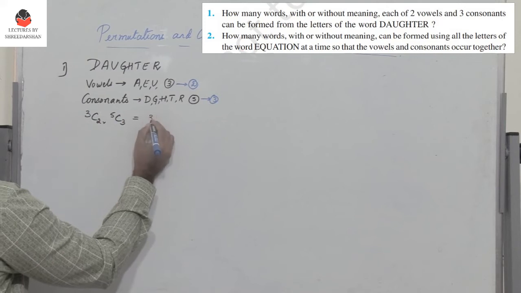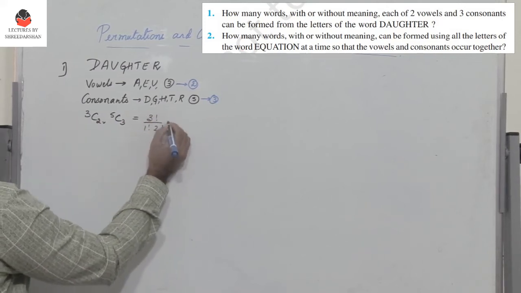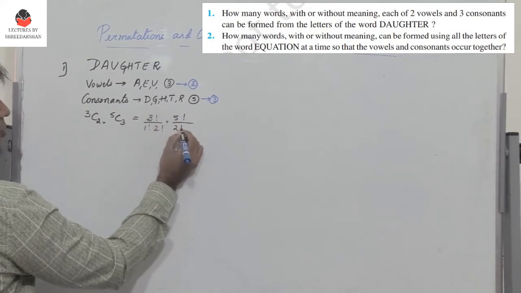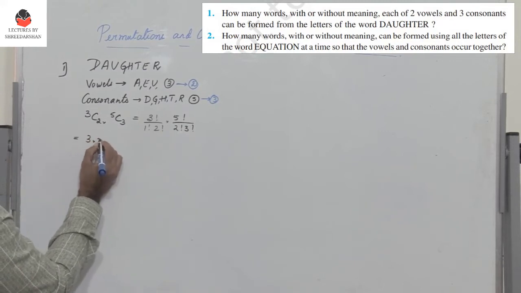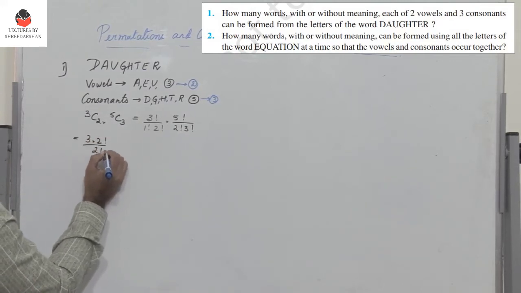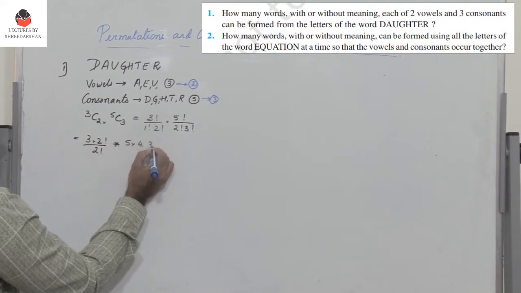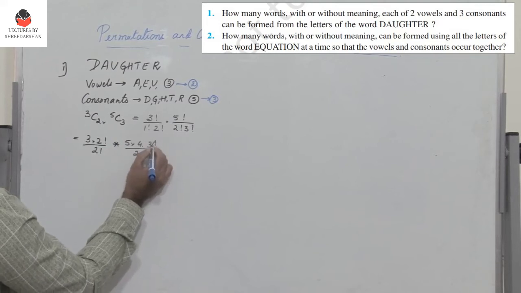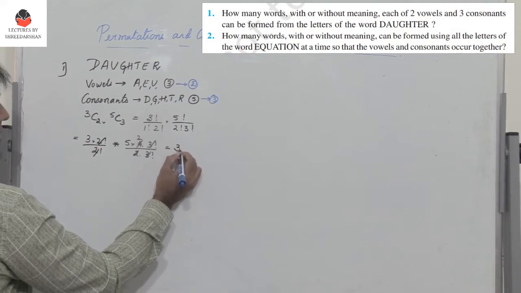This gives us 3 factorial divided by (3 minus 2) is 1 factorial into 2 factorial, into 5 factorial divided by (5 minus 3) is 2 factorial into 3 factorial. Which is 3 into 2 factorial divided by 2 factorial, into 5 into 4 into 3 factorial divided by 2 factorial is 2 into 3 factorial. So 5 into 2 is 10, 10 into 3 is 30.